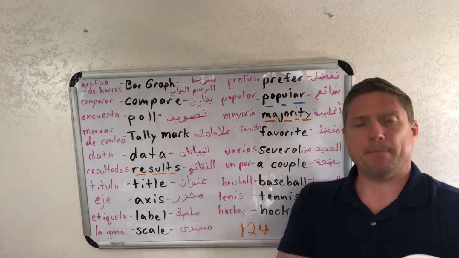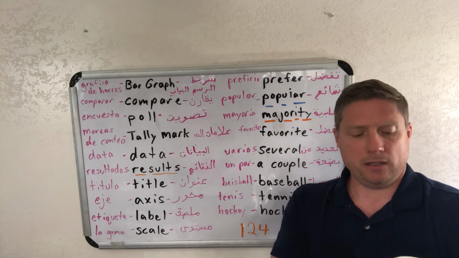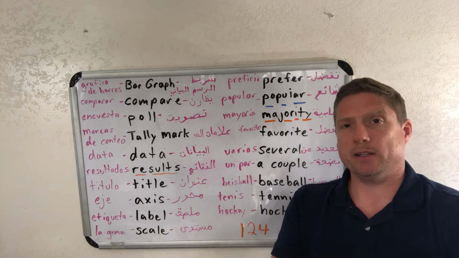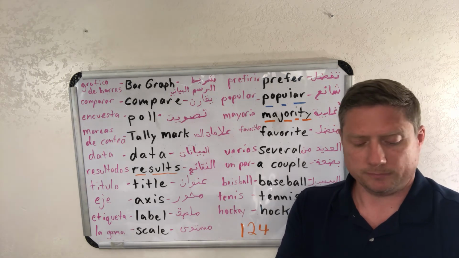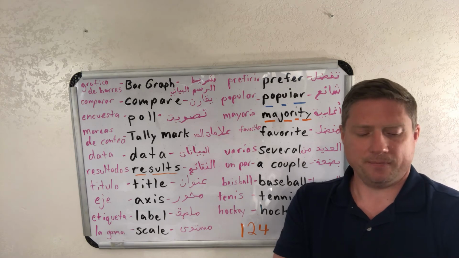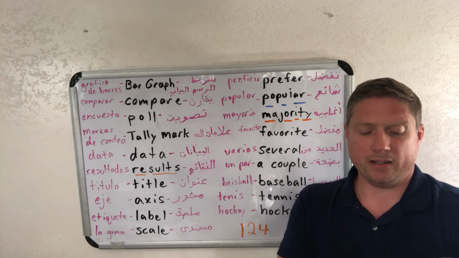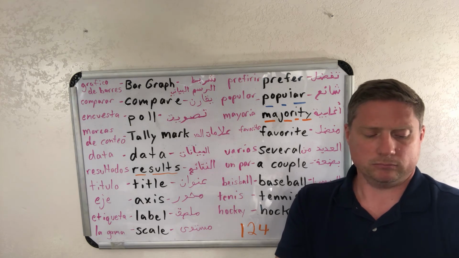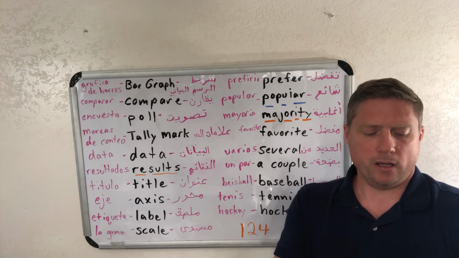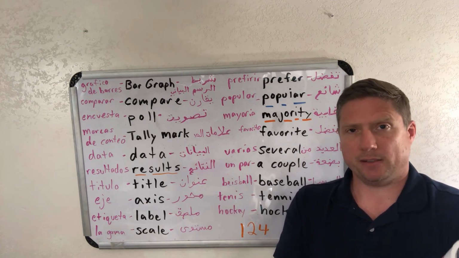Several students like baseball best. 18, 2 students enjoy playing tennis best. 19, only a couple of students enjoy tennis best. 2, only a couple. And 20, 1 student likes to play hockey best.